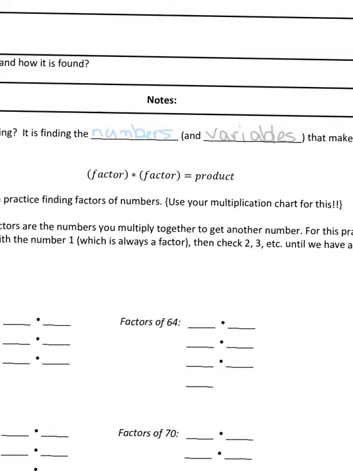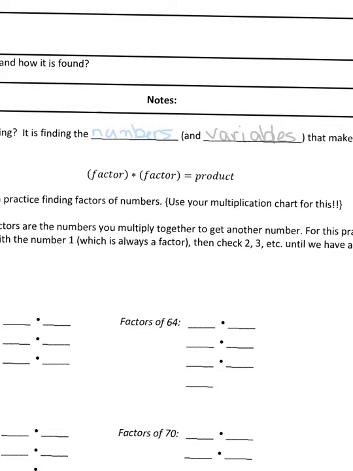So a factor times a factor equals a product. We were doing factors last unit. We were factoring for radicals down to prime factorization, right? We did the factor tree and we found all the prime factors that made up a number. This unit, we're not going to be working on prime factorization, right?